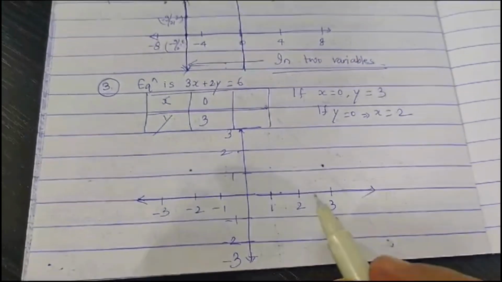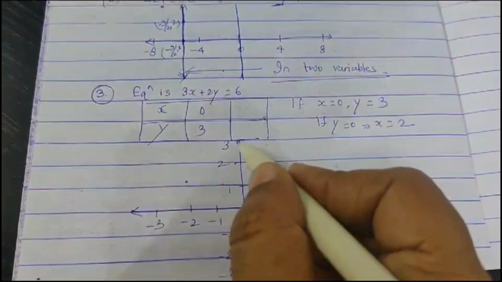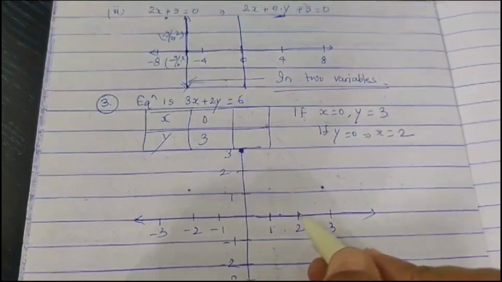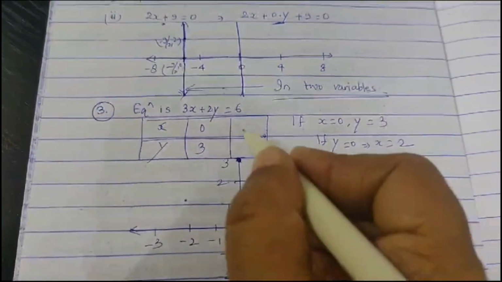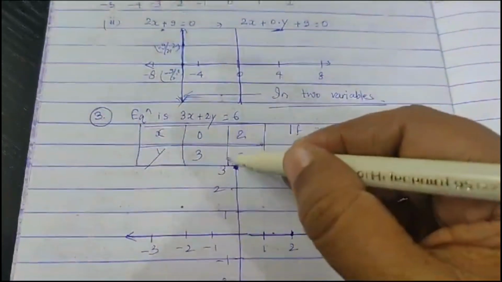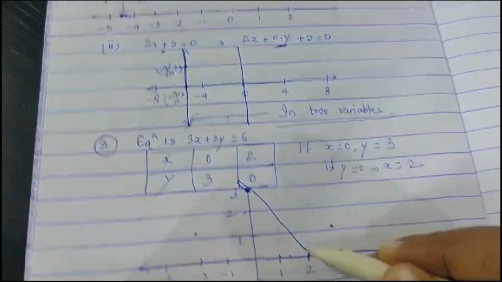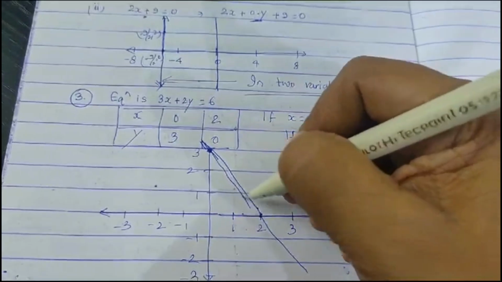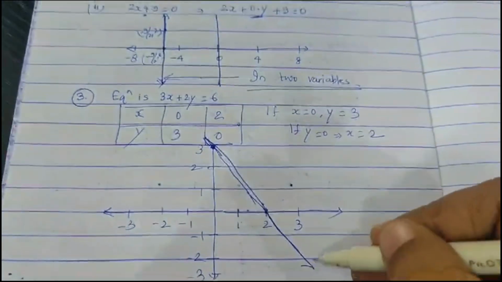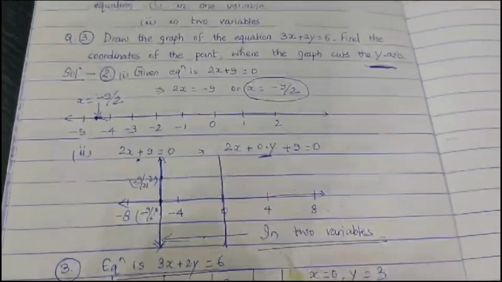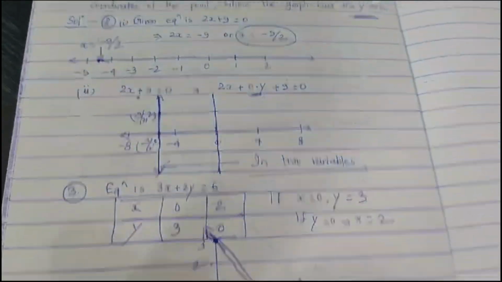Okay, x is 0, then y is 3, this will be the value. Now y is 0, then x is 2, this will be the value, 2, 0. Okay, now you draw this one. It will be like this. This is the required graph, and the question was draw the graph.